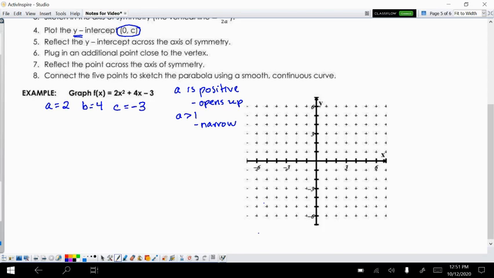In standard form, the first thing we're going to do is find the x-coordinate of the vertex, the opposite of B over 2 times A. So the opposite of B would be -4 over 2 times the A value of 2, which gives us -4 over 4. So the x-coordinate is 1. Sorry, -1. -4 over 4. Let me correct that. It is -1.